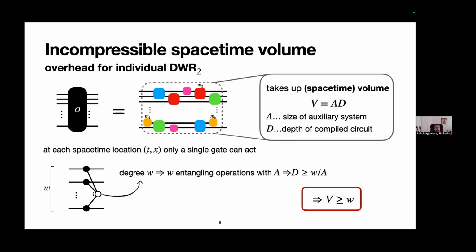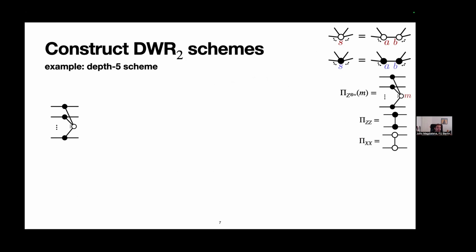Okay, let me give a first example: a depth 5 scheme. The goal of this first scheme is to reduce the depth as much as possible, so we want to put everything on the vertical dimension of this diagram.